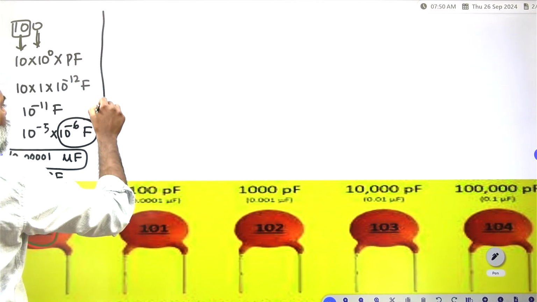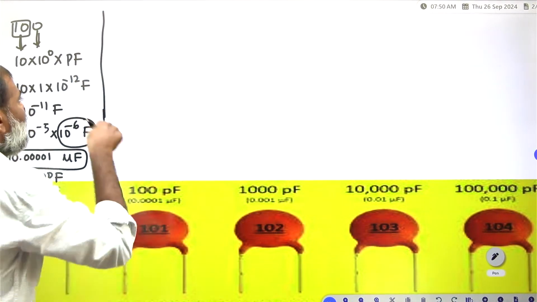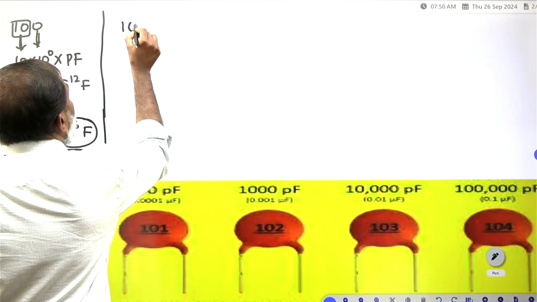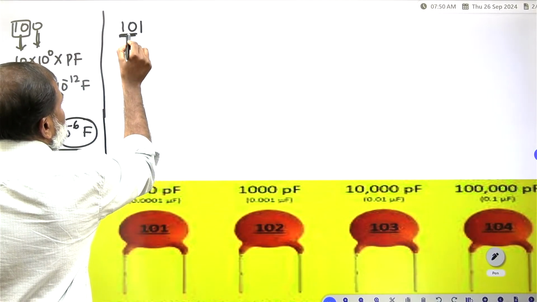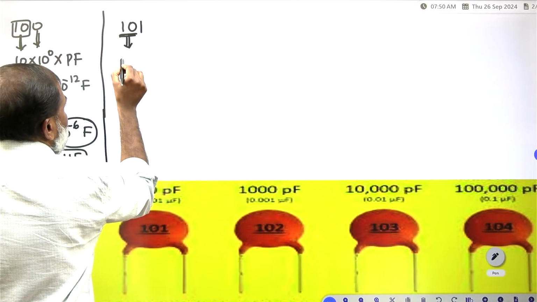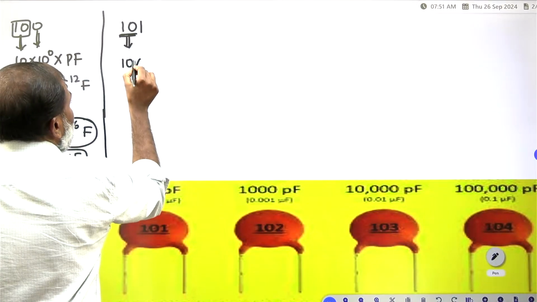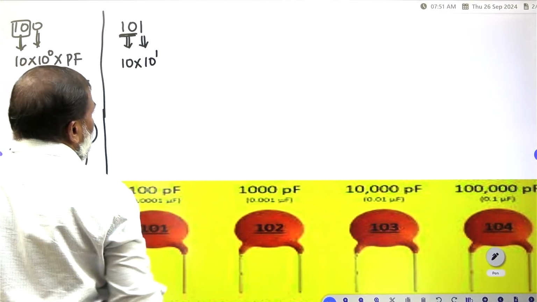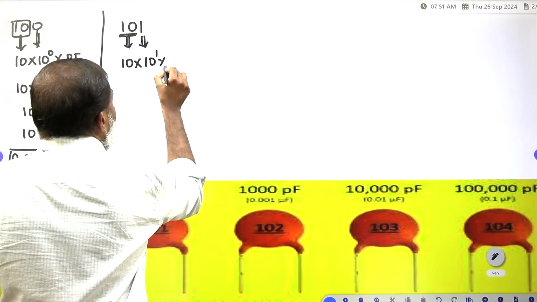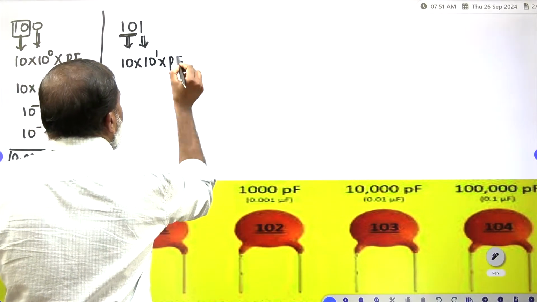Now, if it is 101, how do we write it? Take the first two digits as the digits: 10. Next one is the multiplier, 10 to the power of 1, and it is in picofarad.